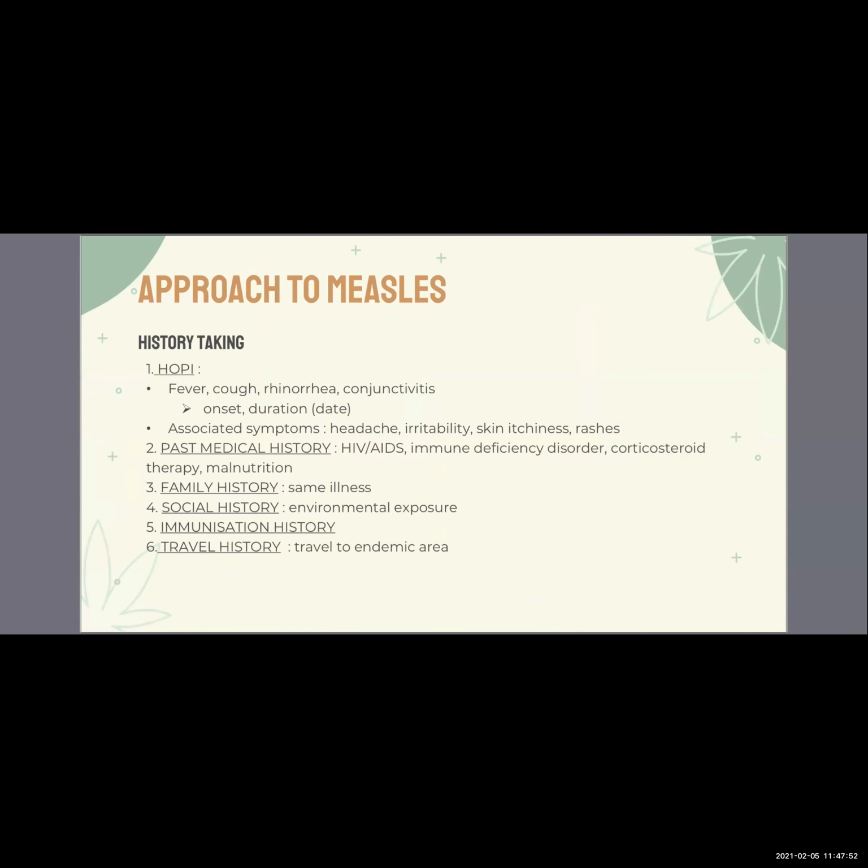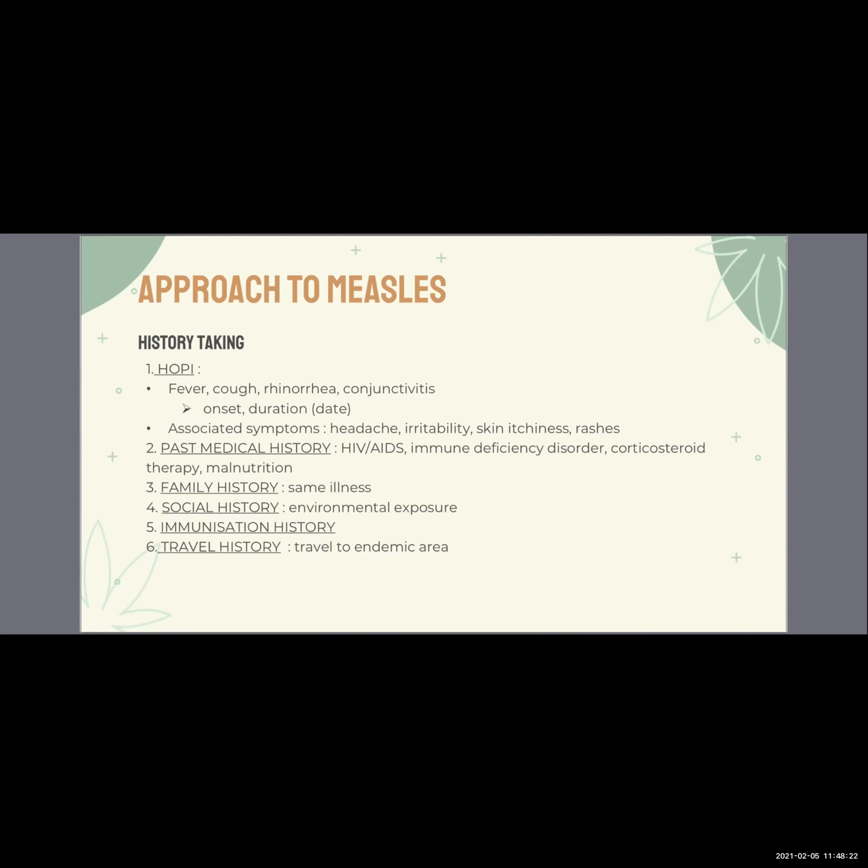Next, on how we approach people with measles virus. During history taking, in the history of presenting illness, we ask for the details of the presenting complaint. Usually the patient will present with fever, cough, rhinorrhea, and conjunctivitis. Then we ask about the onset and duration of the symptoms, and if possible, the date of the start of the symptoms in chronological order.